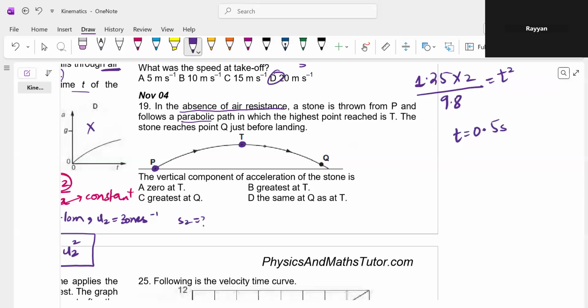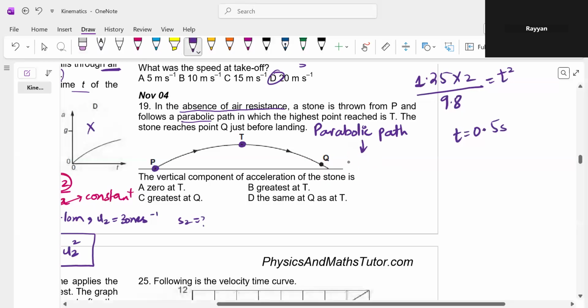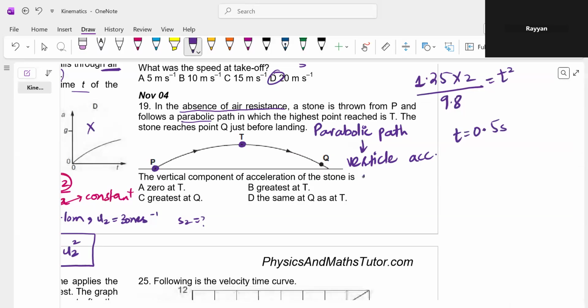So in a parabolic path, you must know that the vertical acceleration will be constant at all points.